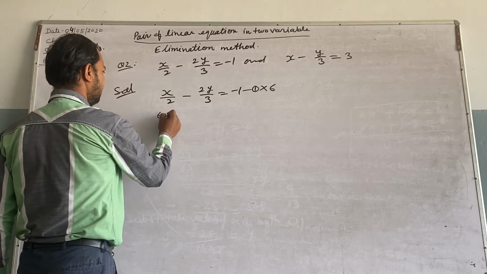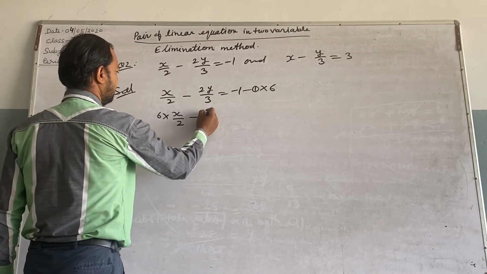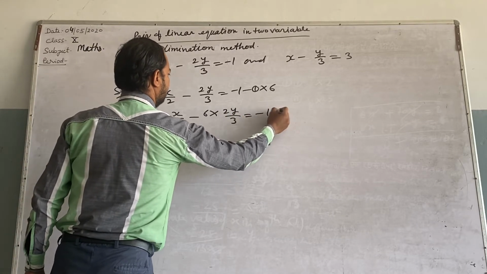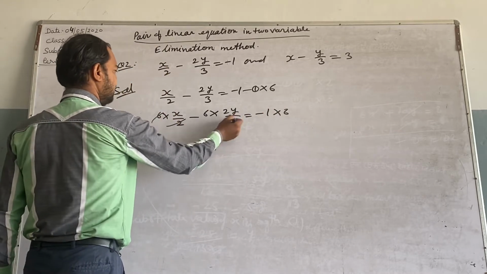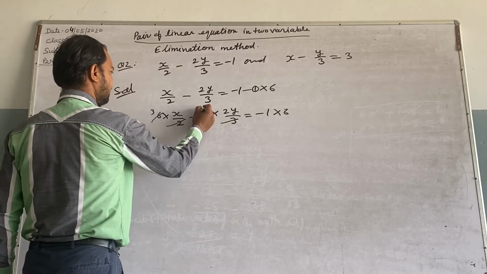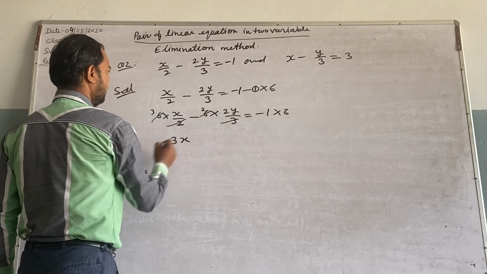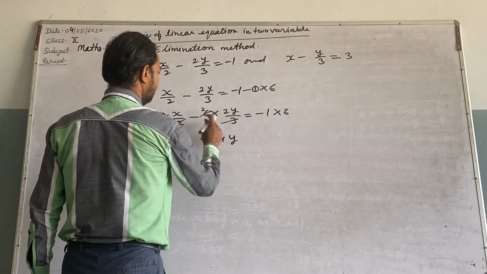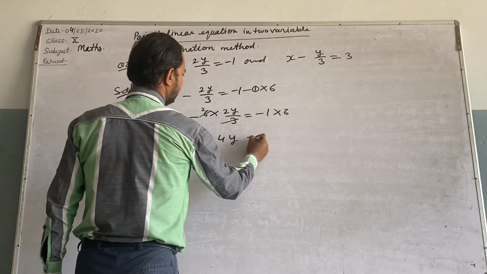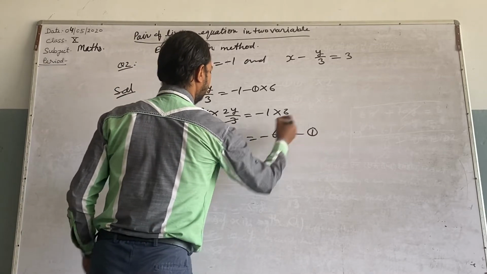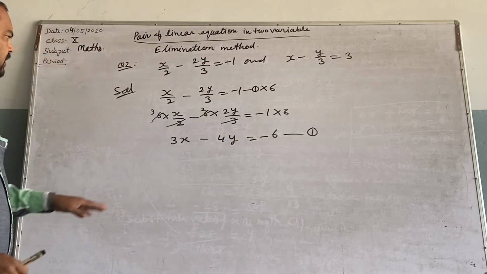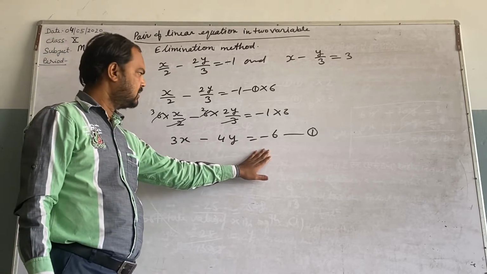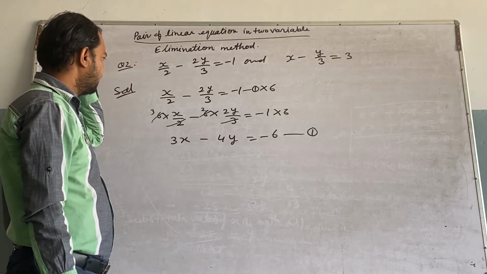You will get 6 into x upon 2 minus 6 into 2y upon 3 equal to minus 1 into 6. This is cancelled, this is 3, this is 2, so 3x minus 4y equal to minus 6. This is the new form of equation 1. Right? 3x minus 4y equal to minus 6.